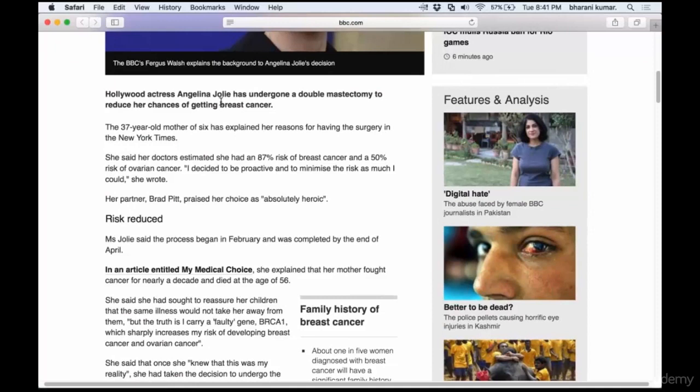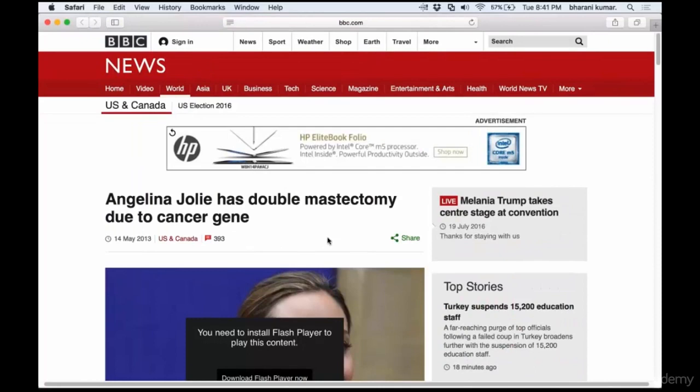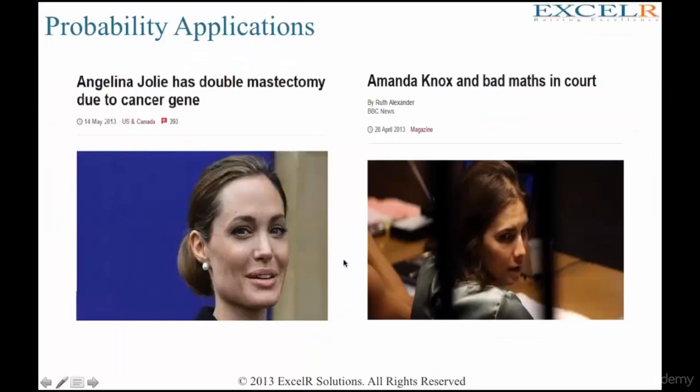Hollywood actress Angelina Jolie has undergone a double mastectomy to reduce the chances of getting breast cancer. She has done that because doctors estimated that she had an 87% risk of breast cancer. And when she underwent this treatment, there were absolutely no traces of cancer cells, right? There was absolutely no evidence of malignant tumor. Still she underwent it, thanks to probability.